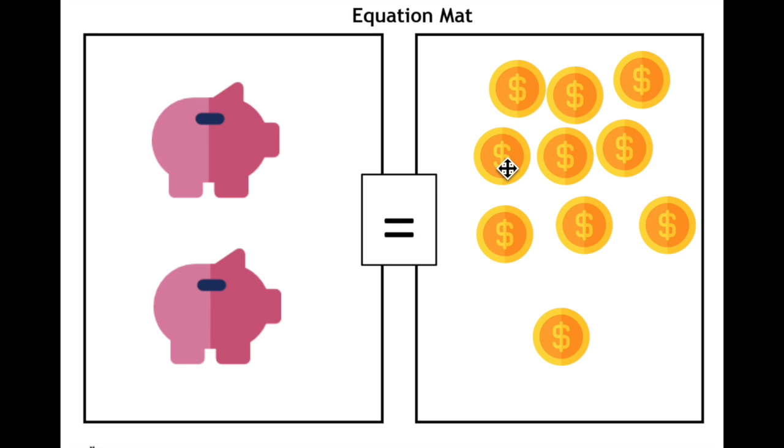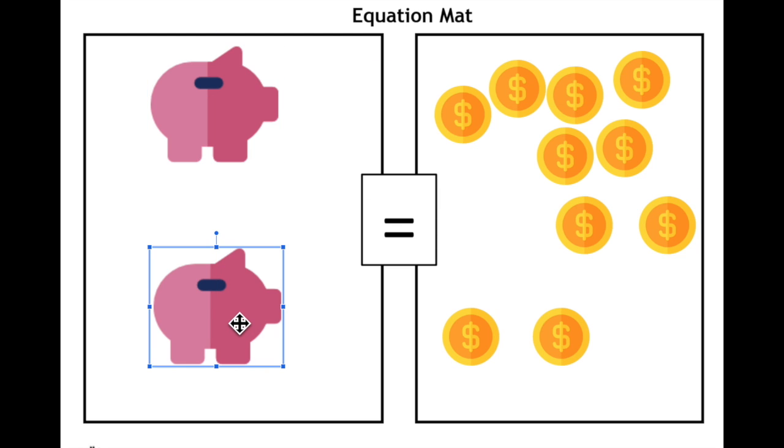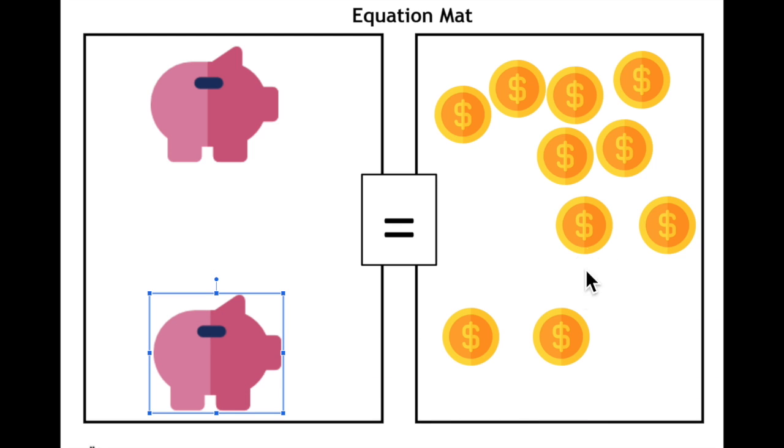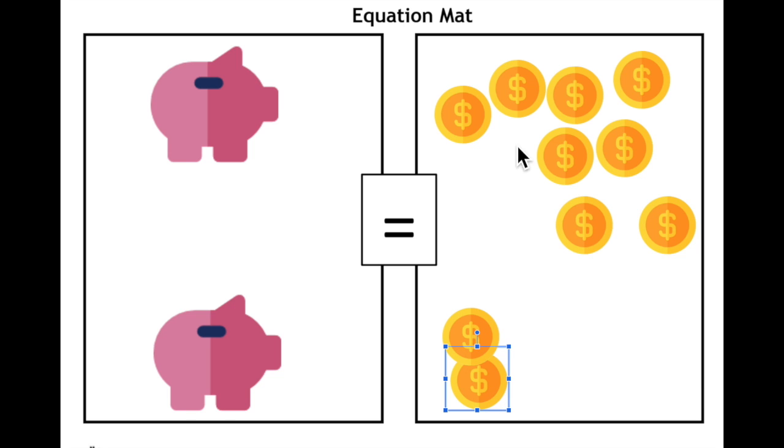So let's do this. If this piggy has 1, then this piggy has 1. So I'm going to separate this a little bit. If this piggy has 2, then this piggy has 2.